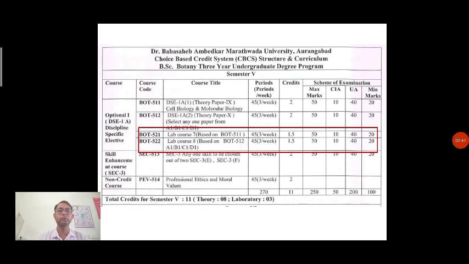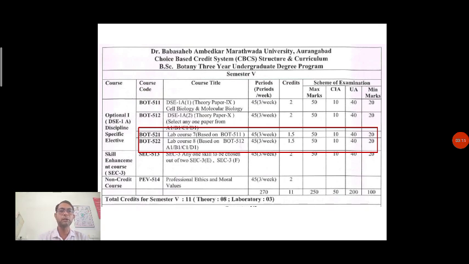So in total these 4 subjects have 200 marks, of which 40 marks are for internal assessment and 160 marks are for the university assessment. So in all, 200 marks is for theory and practical.